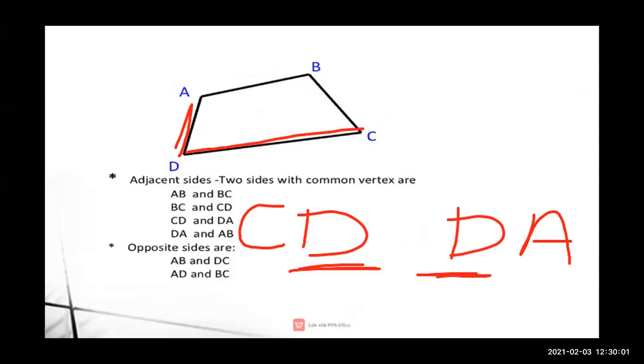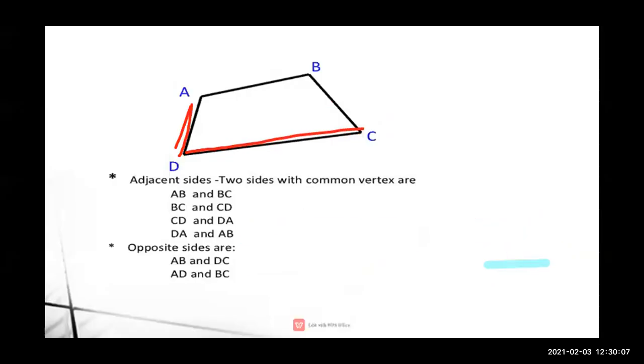So CD and DA are our adjacent sides. And last is DA and AB. Very good. Which is the common one over here? Common क्या है? Common is A.